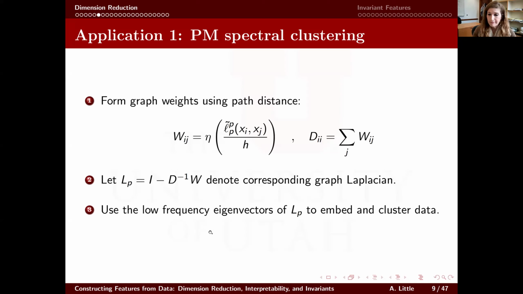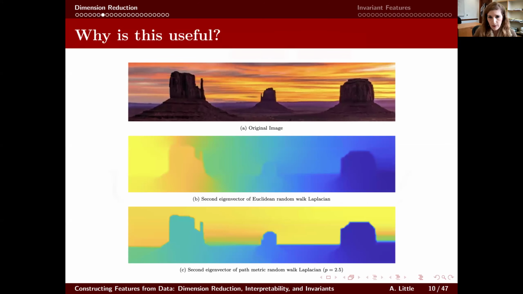Okay, so why would you want to do this? What advantage does this give over the standard approach? Here's just a simple illustration. Let's say that you start off with this image of a desert landscape.